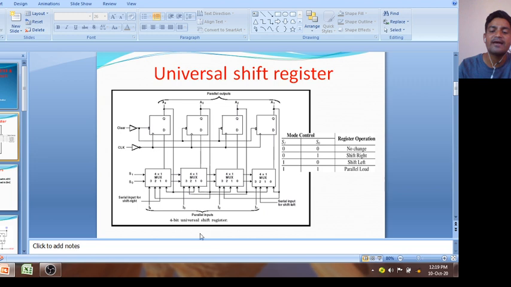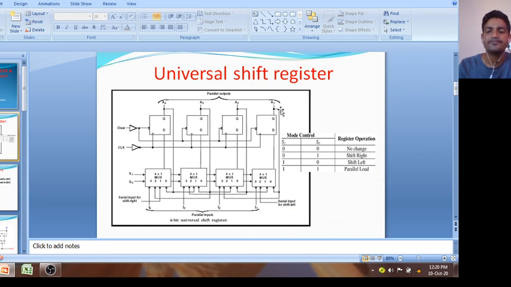I will give input simultaneously to all the multiplexer inputs whose value is 3, means I3, this I3, this I3, this I3, and simultaneously we will take the output A4, A3, A2 and A1. So it will work as parallel load.